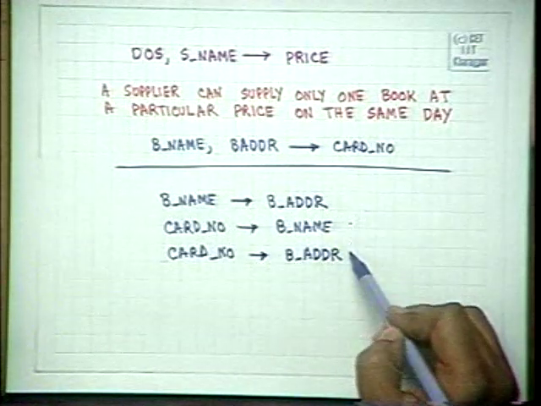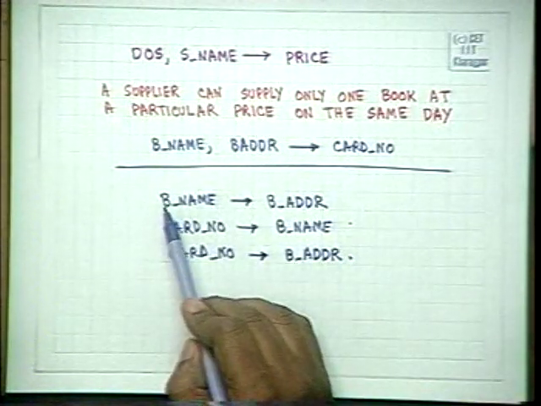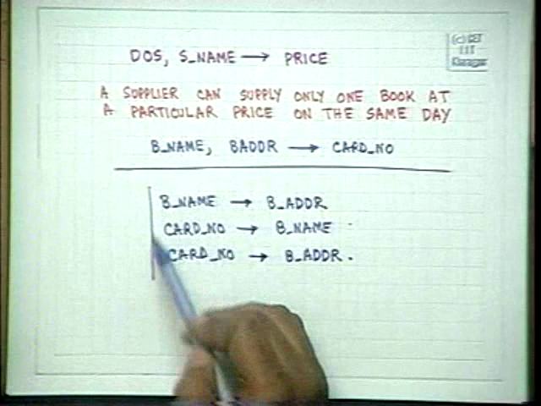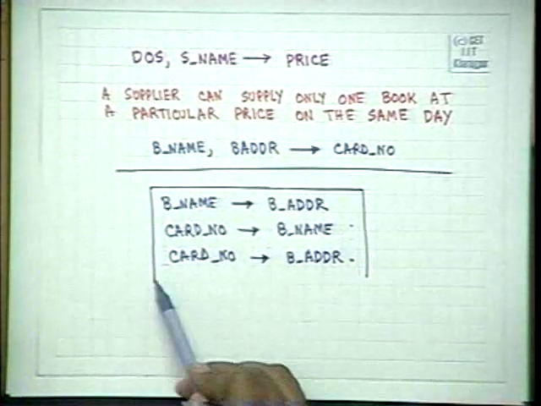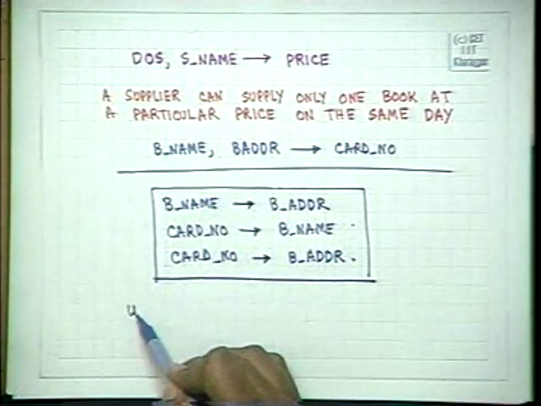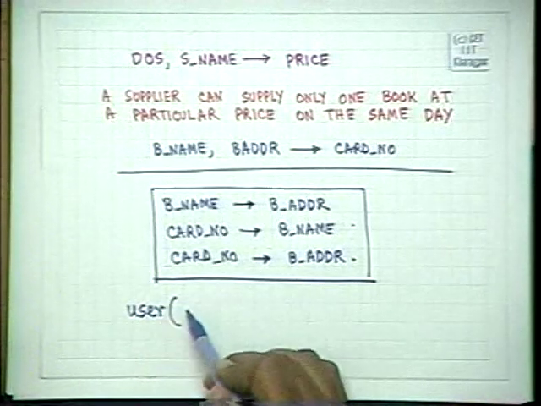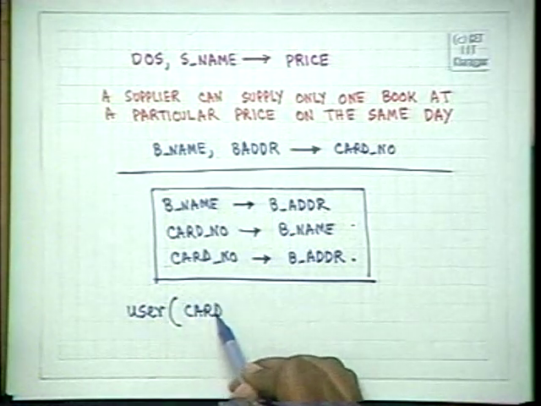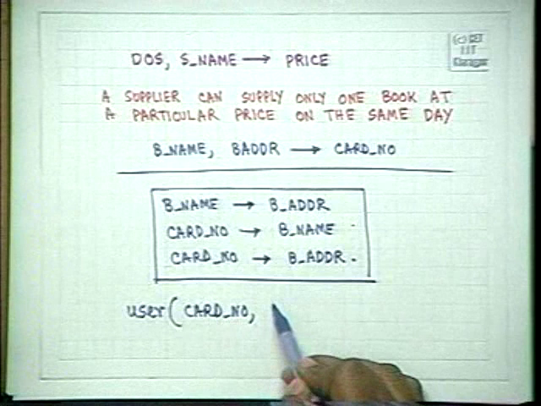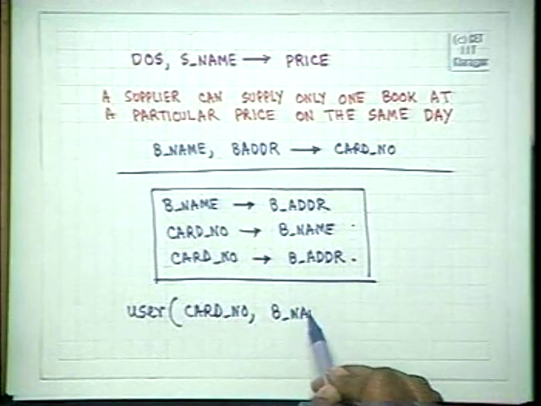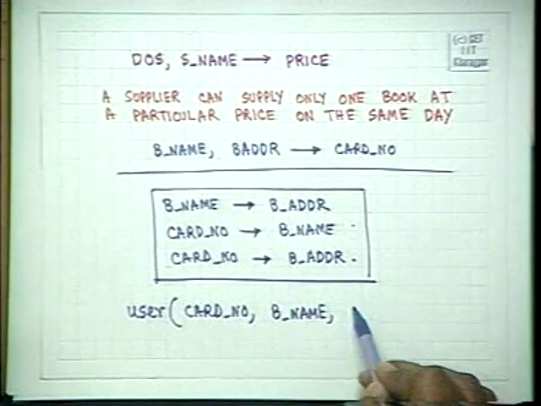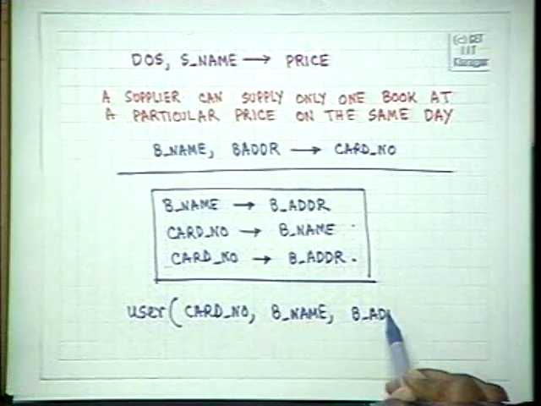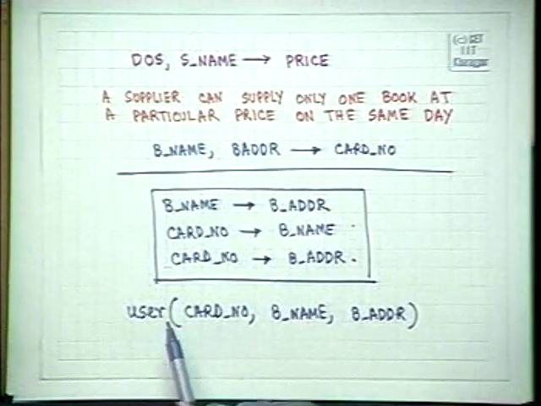This is from the primary key, but what do these three things mean in the user relation?